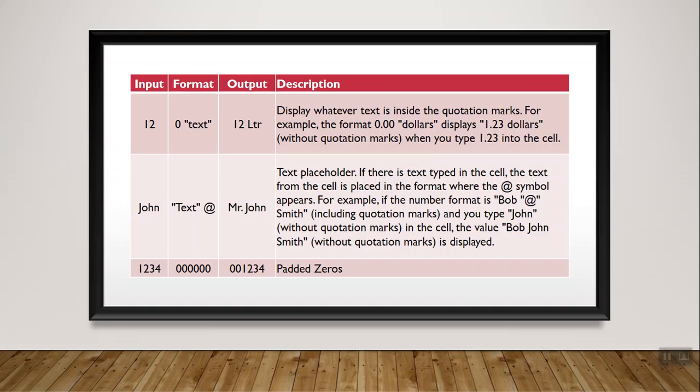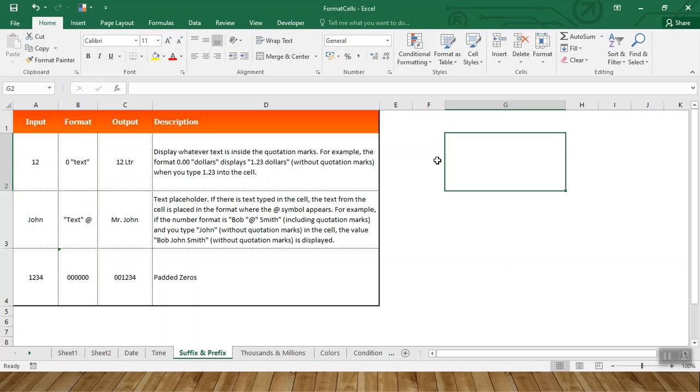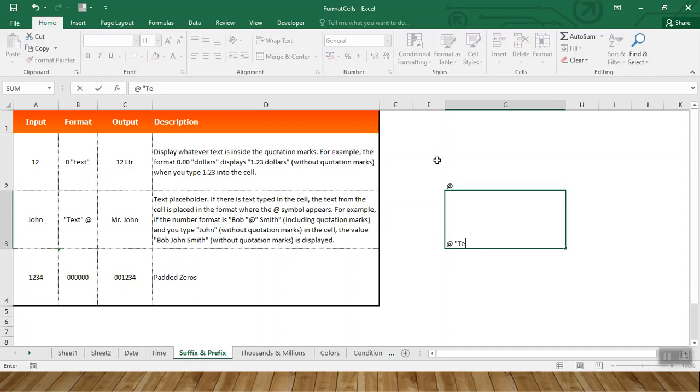How to use the text placeholder in Excel? Let's take an example. We need to add the at-the-rate symbol in the code, and if you want to write text after the user enters a value, we need to add into the code first the @, then the text.